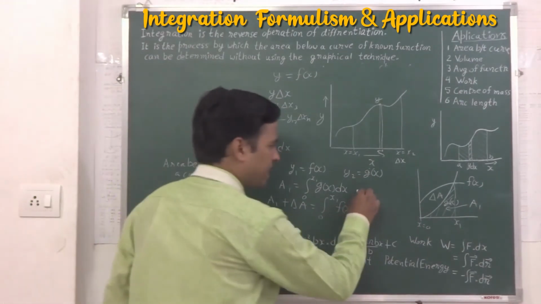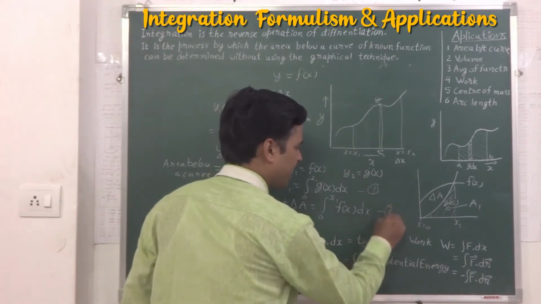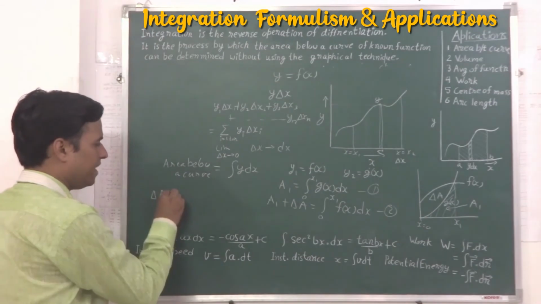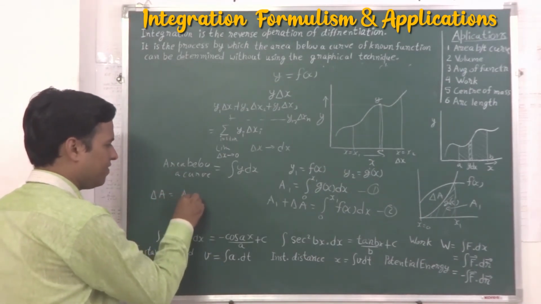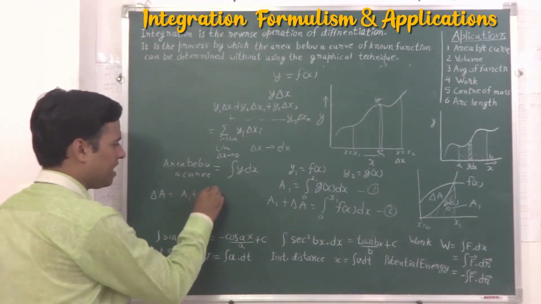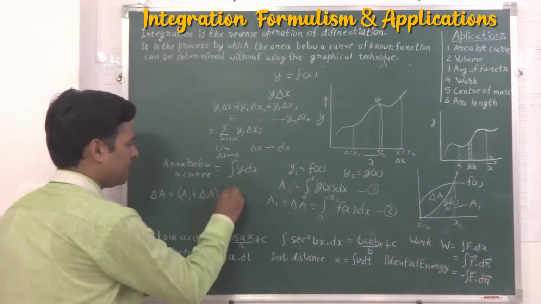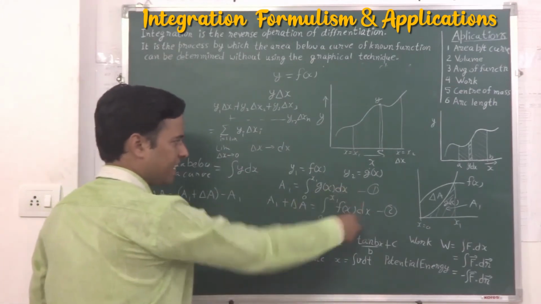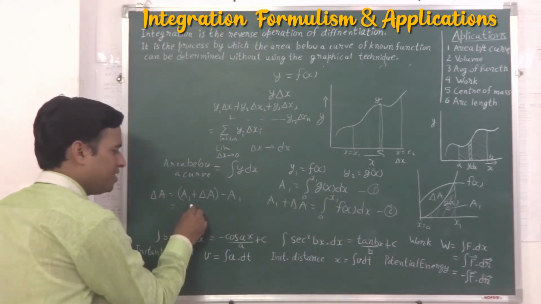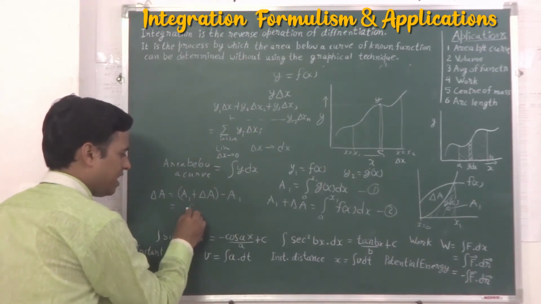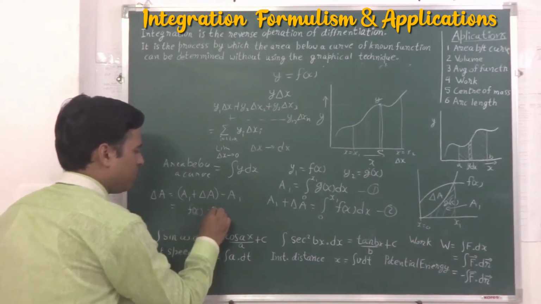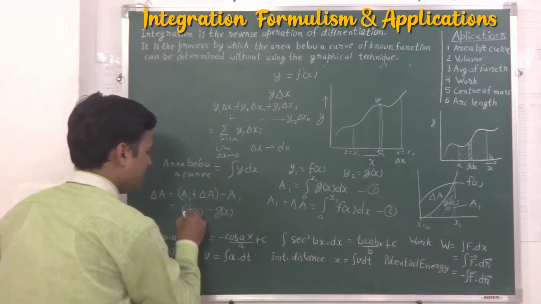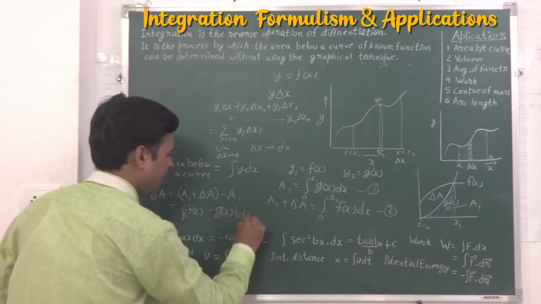So subtract the first equation from the second equation and you can get easily that delta A is equal to A1 plus delta A minus A1. Use the right hand side and you will get the integration of f(x) minus g(x) with respect to x.